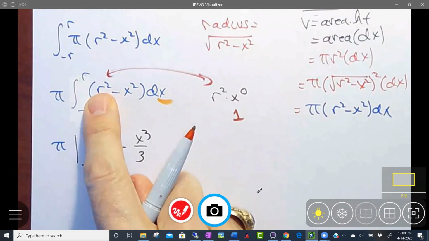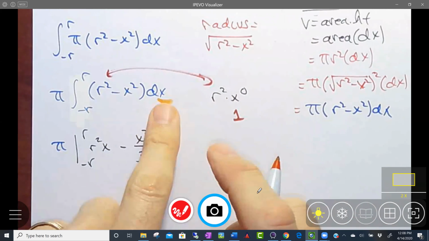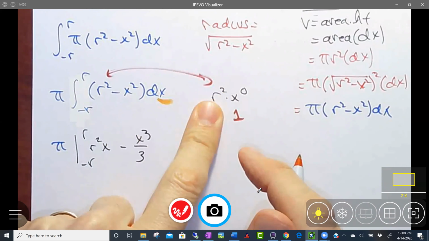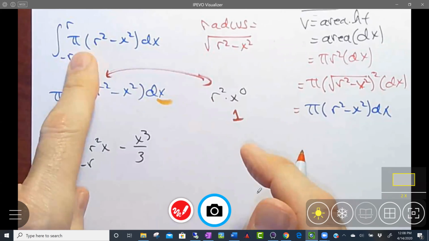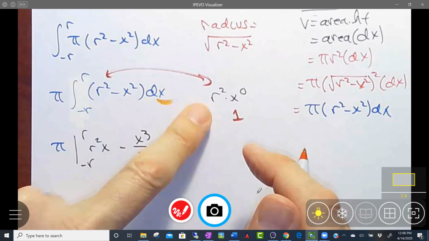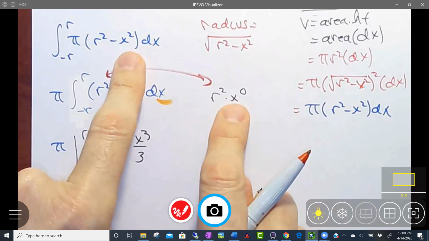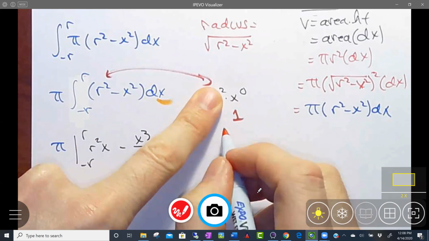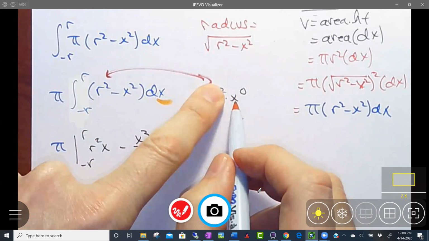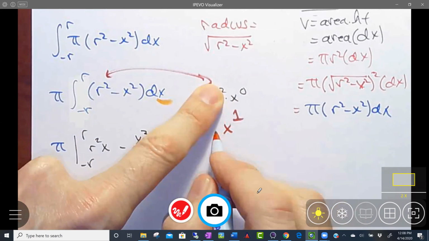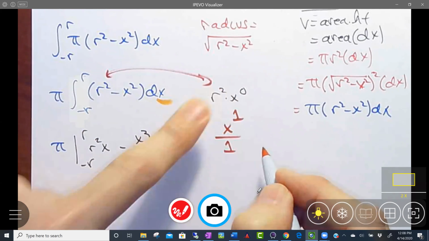Now, because I'm integrating with respect to x, r squared is just a constant. The only variable is x. So remember what you do when you integrate a polynomial term like that: you add 1 to the exponent and divide by that same exponent.